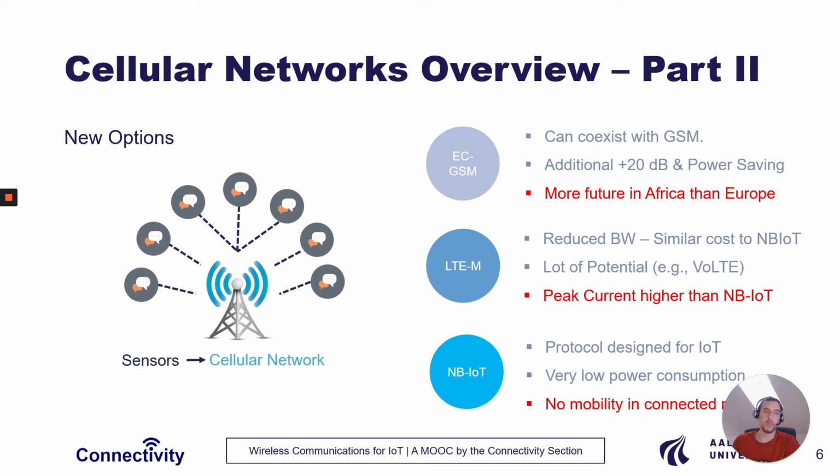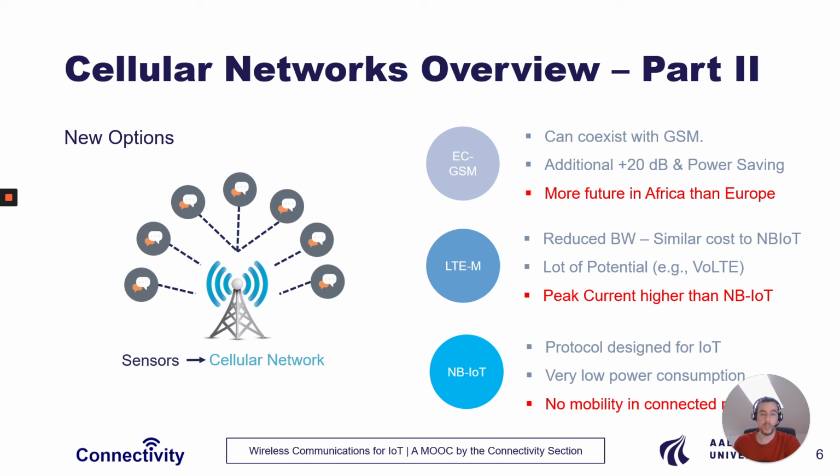Then we have NB-IoT, which is a technology specifically designed for the small Internet of Things, especially the ones that are connected to a battery and cannot be easily replaced. For example, a smart meter. They have a very low power consumption, especially in the low power mode, where they can consume, for example, just 5 microamps. It depends on the exact communication model you use, but generally speaking, they have those numbers.